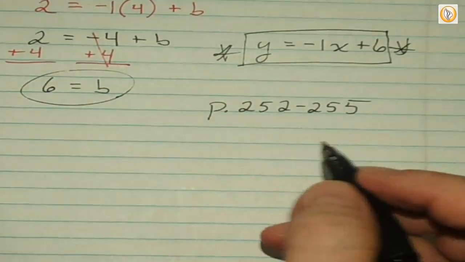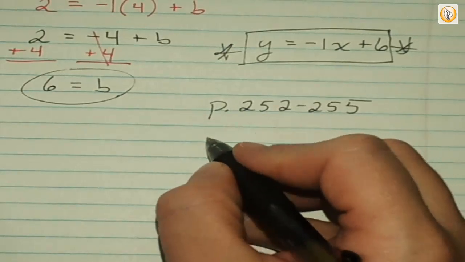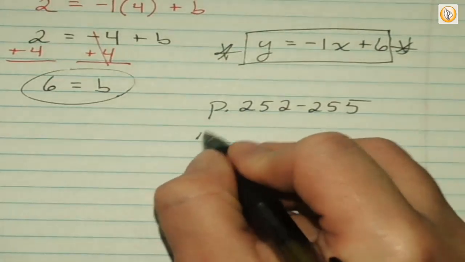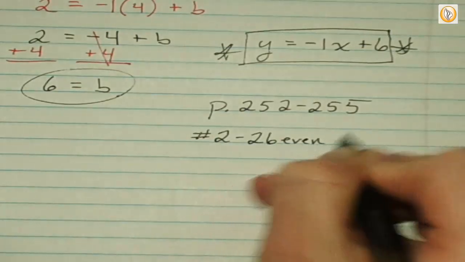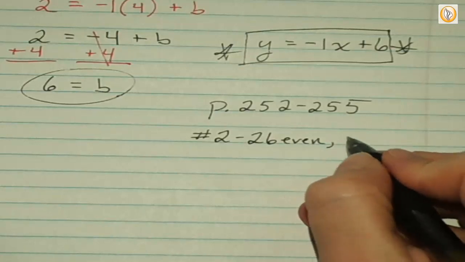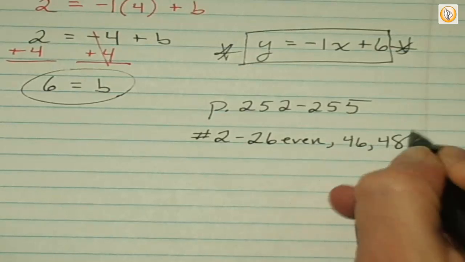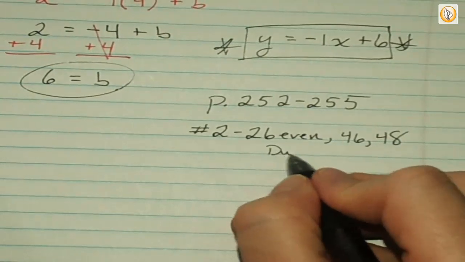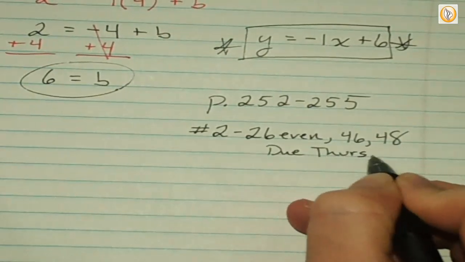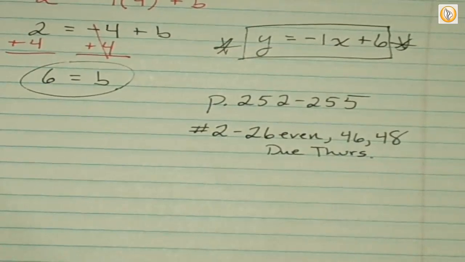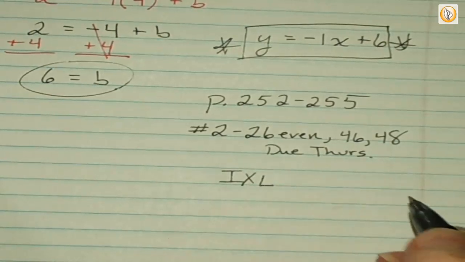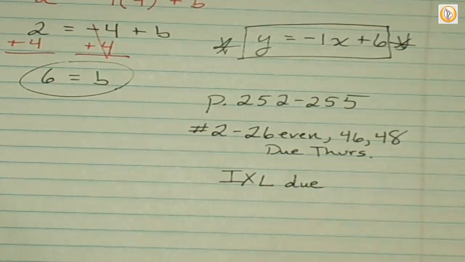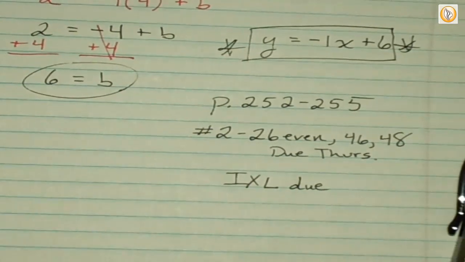My honor students seem to be already challenged enough just breathing. So we have 2 to 26 even, and 46 and 48. This is going to be due Thursday. Notice there's no graphing today, so that's nice. I'm going to assign IXL. If I get it out in time, it's going to be due before your test.